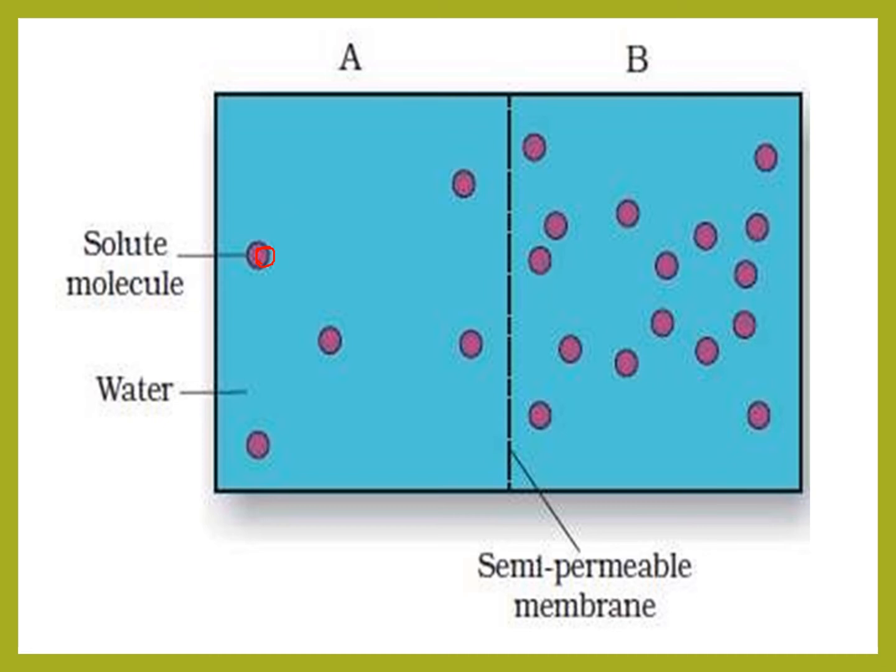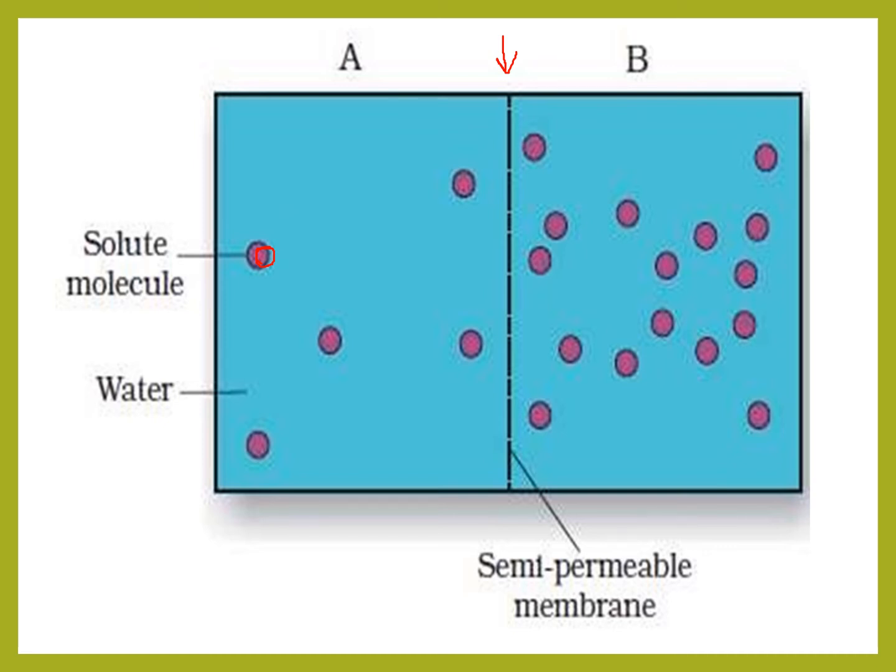And in section B, you see the solutes are more when you compare to that of A. So what do you think? How will the water movement occur? And here you see this dotted line. This dotted line is the semi-permeable membrane. So how do you think the molecules of water will move?